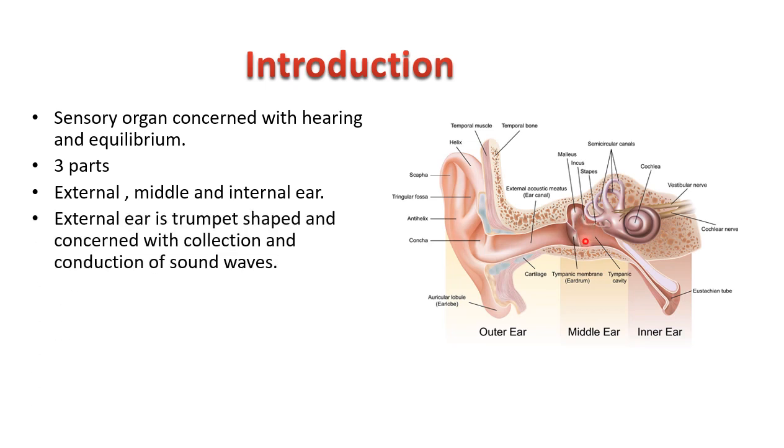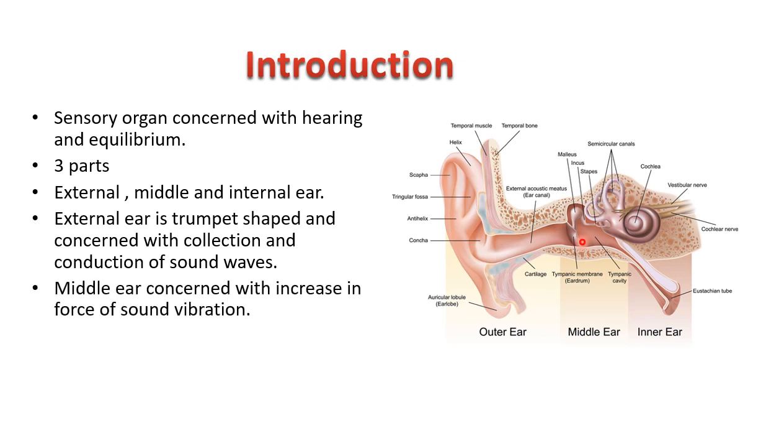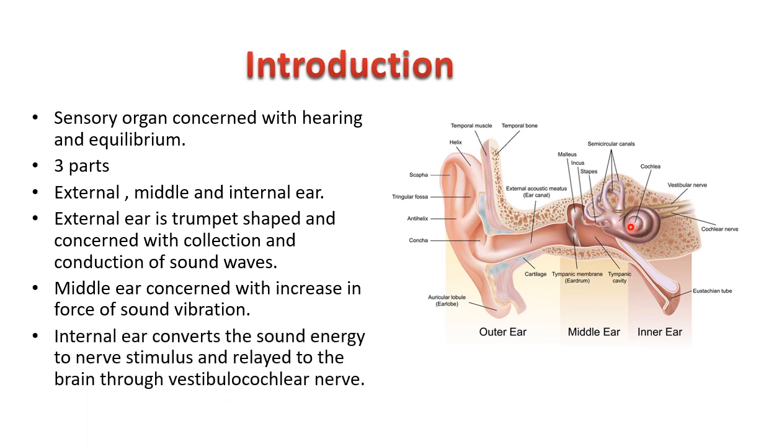Okay, so that middle ear or tympanic cavity mainly consists of these ear ossicles. So the main function of these ear ossicles is, through this movement, it increases the force of vibration, without altering the amplitude. Okay, so through that it is actually transmitted to the internal ear.